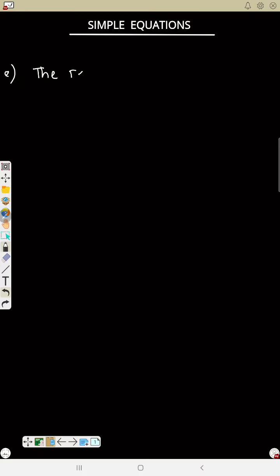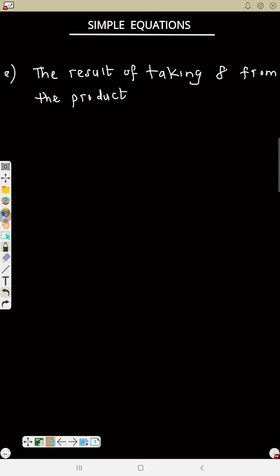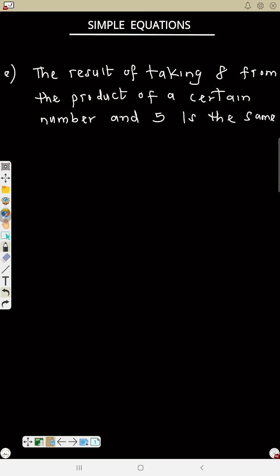The result of taking 8 from the product of a certain number and 5 is the same as taking 3 from twice the number.